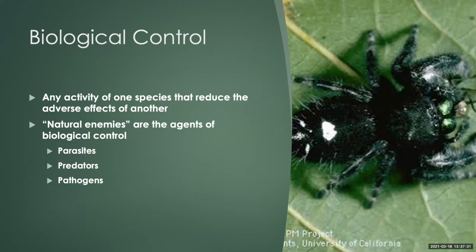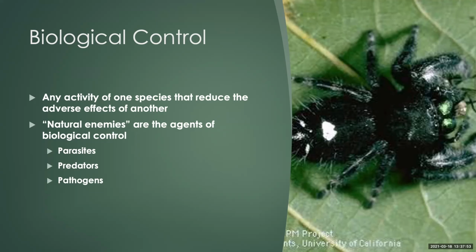But today we'll mainly have examples of these invertebrates. We tend to call the agents of biological control natural enemies. And they are natural in that they occur naturally, and they are not our enemies. They are the enemies of our pests.